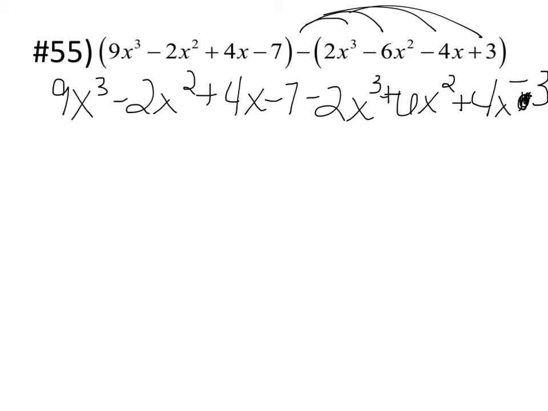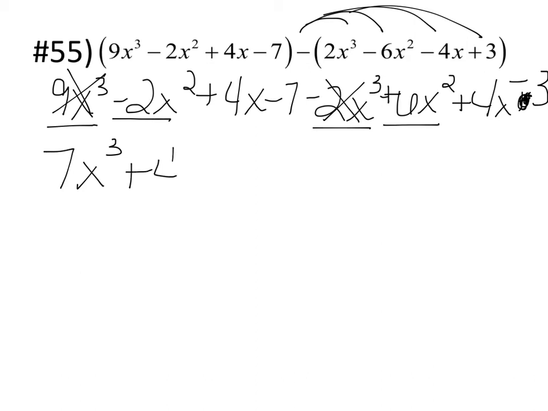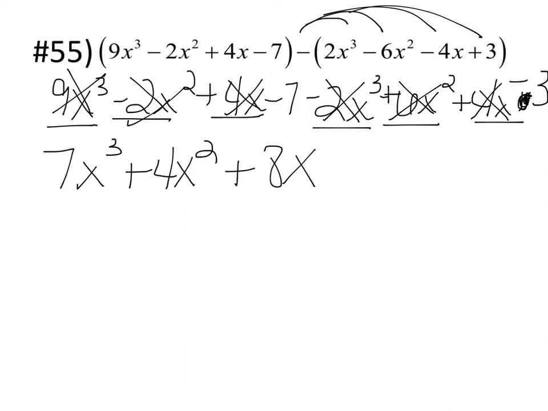Change all those signs in that second half. So I've got 9x cubed minus 2x cubed is 7x cubed. I was telling you the answer there for a second. And I've got negative 2x squared plus 6x squared gives me positive 4x squared. Cross those out. Then I've got 4x plus 4x is 8x. Cross those out. And then I've got negative 7 minus 3 is negative 10.